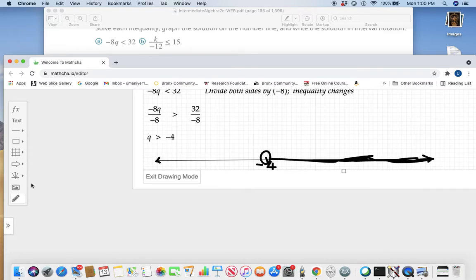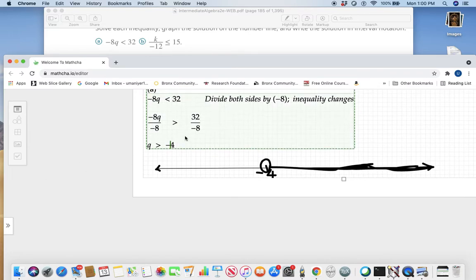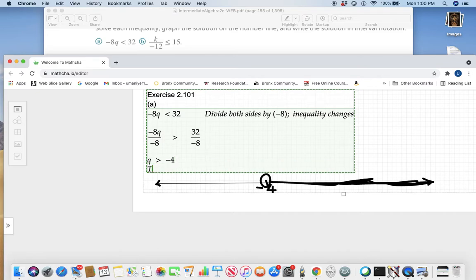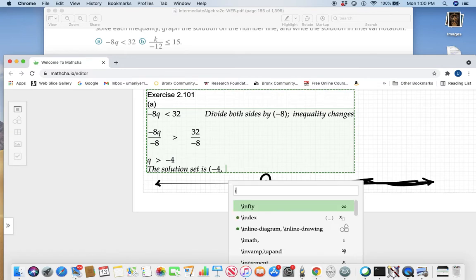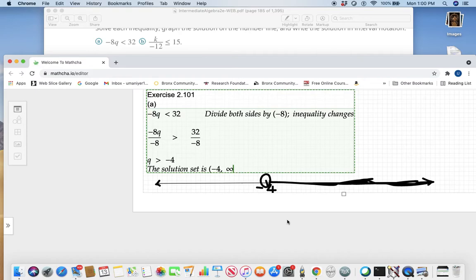So that gets me the solution set. Look at the leftmost point of your interval, that's negative 4, and the rightmost point, well, it's not a point, it goes on forever, so you write infinity, and they are both open. Infinity is always open, negative 4 is open because it is not included.